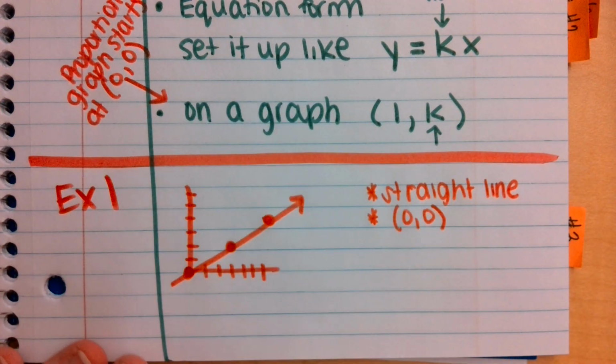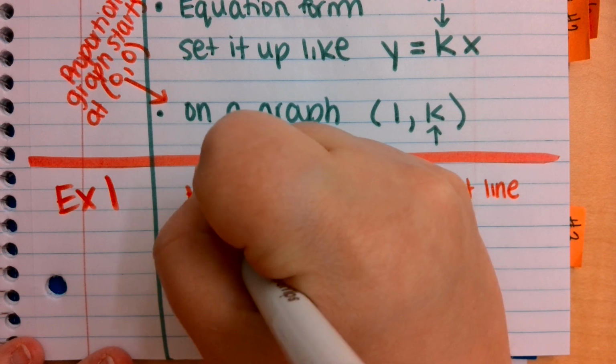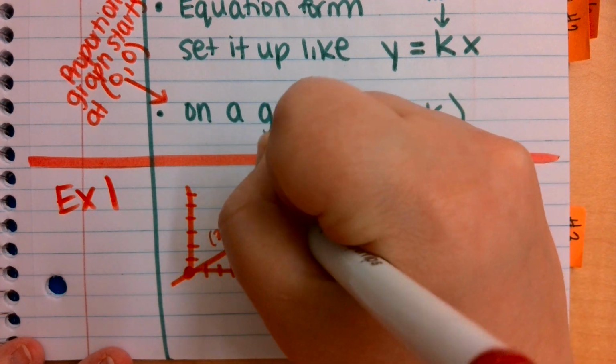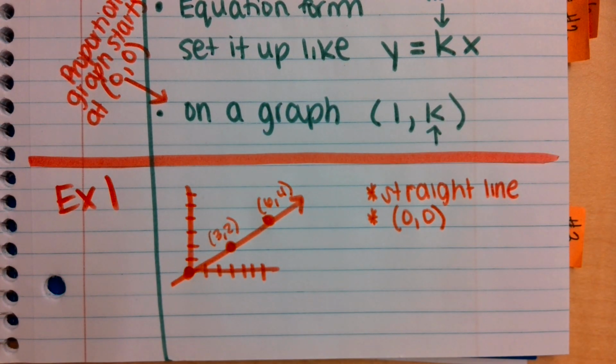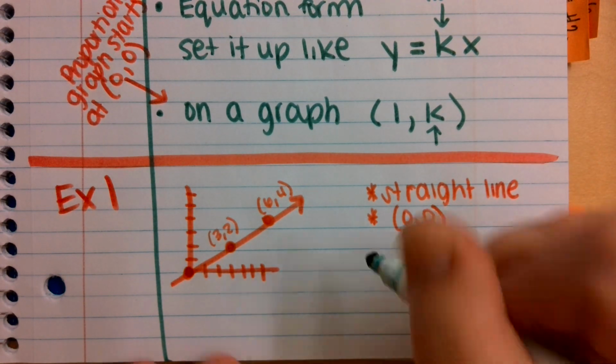I'm going to write my ordered pairs just to make it easier for us to see. The first one is 3, 2. The second one is 6, 4. All right, we want to find the constant of proportionality. What does K equal?